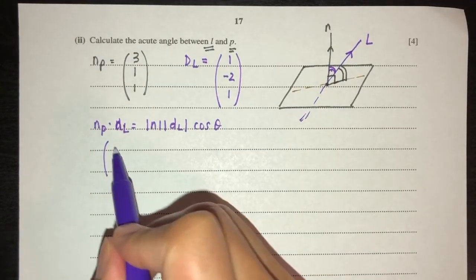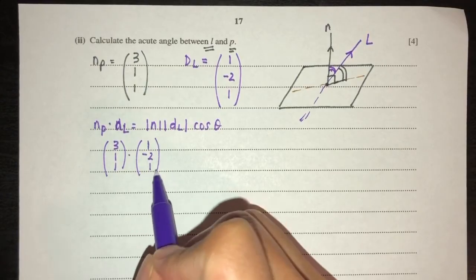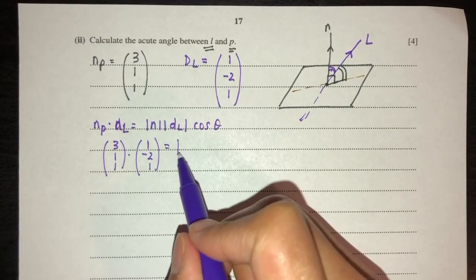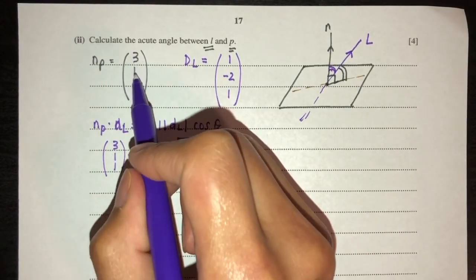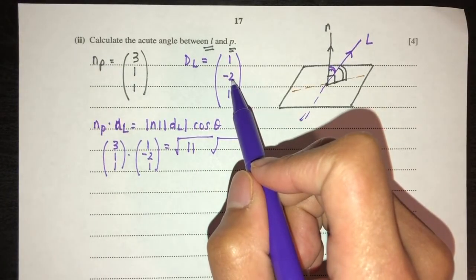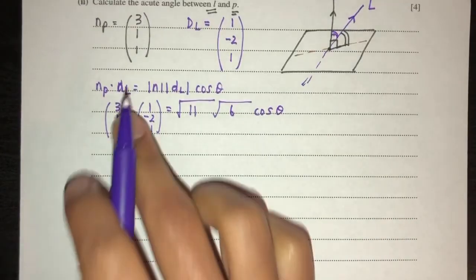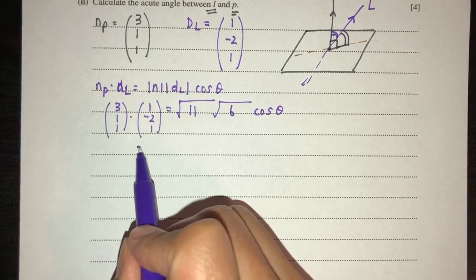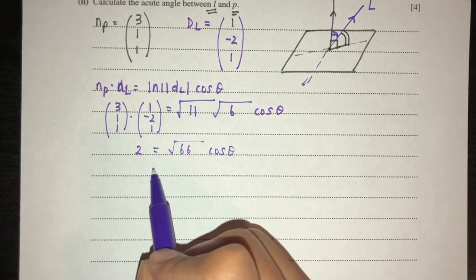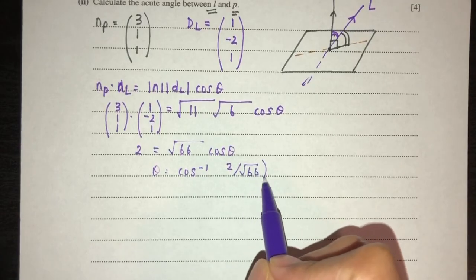So this one is (3, 1, 1) times (1, minus 2, 1) is equal to the magnitude of n, which will be 9 plus 1 plus 1, that will be 11. Now it will be 1 plus 4 plus 1, that will be 6, times cos theta. This will be 3 minus 2 plus 1, that will be 2. And that will be root of 66 cos theta. So theta will be cos inverse of 2 divided by root of 66.